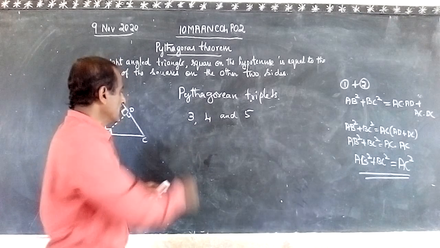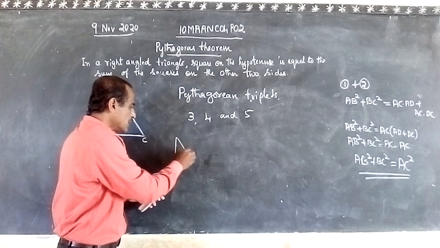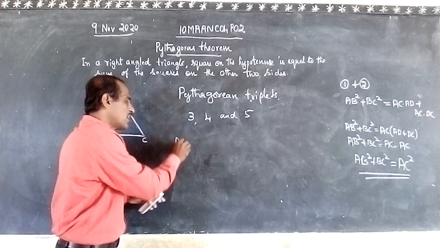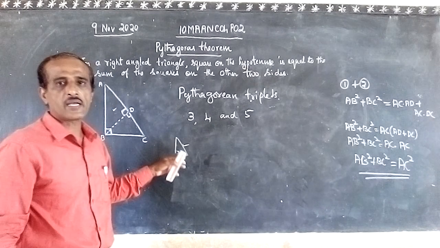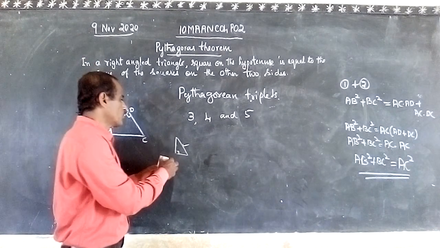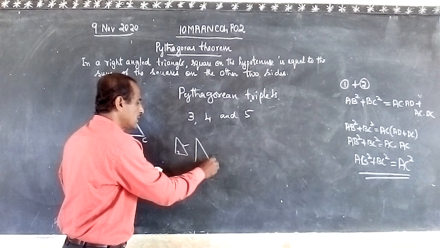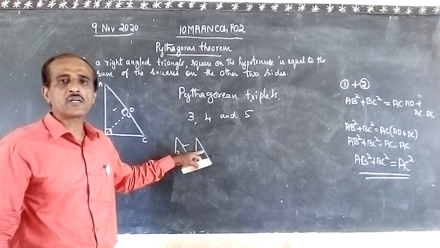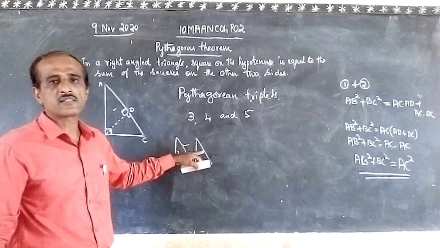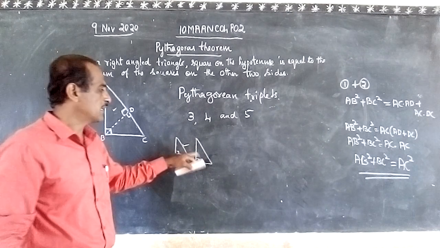Here you know, in any right angle triangle, the hypotenuse is the longest side always. Its measurement is more than the other two sides. Whatever may be the triangle, the hypotenuse in a right angle triangle is the longest side of the triangle.